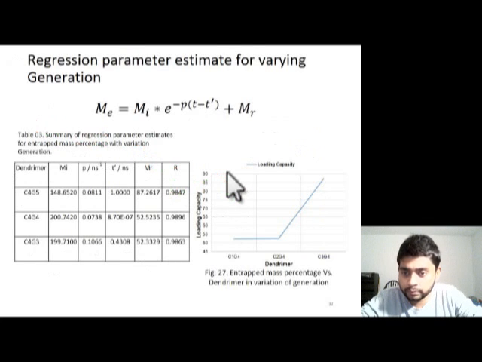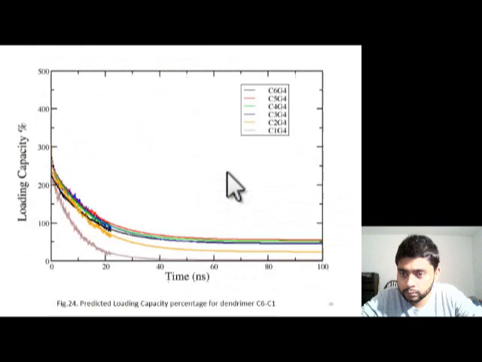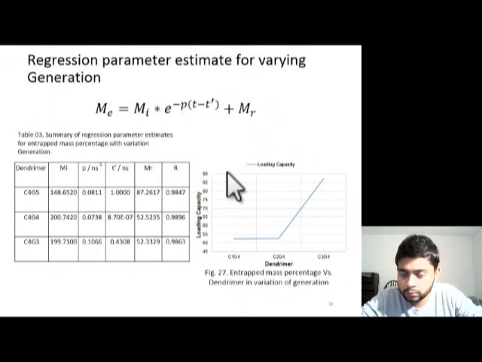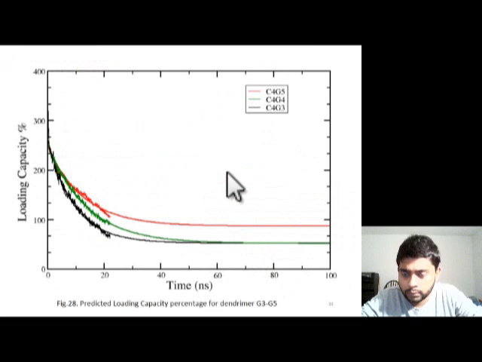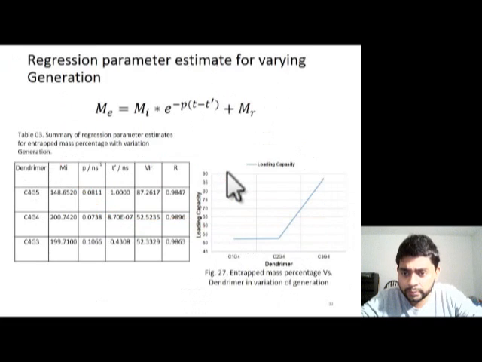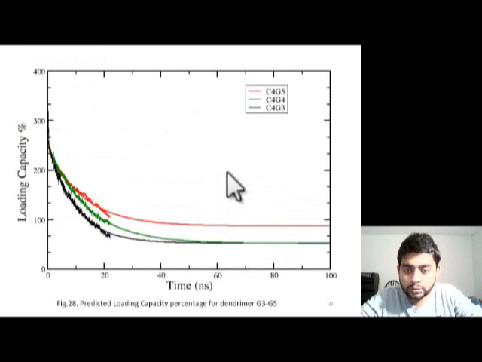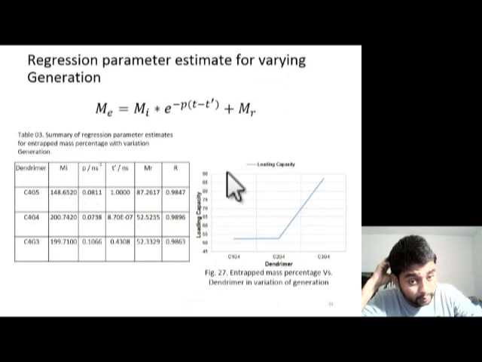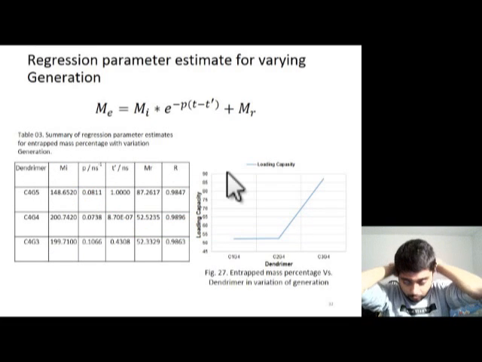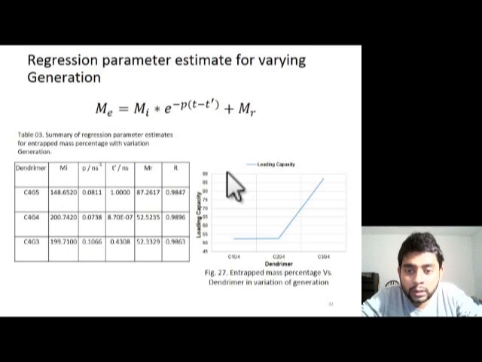This is our predicted graph for the different generations, and we found G5 has the highest ability to capture the molecule at 87 percent.